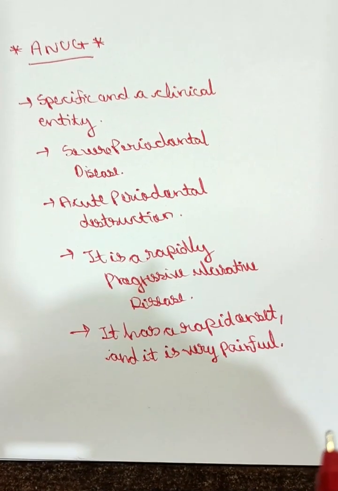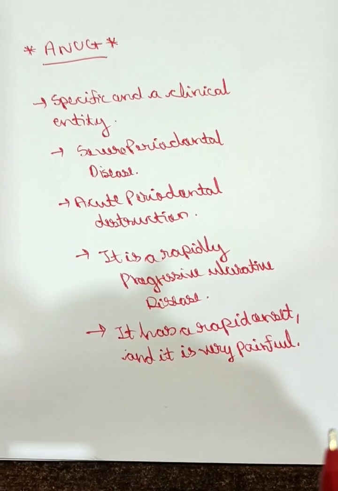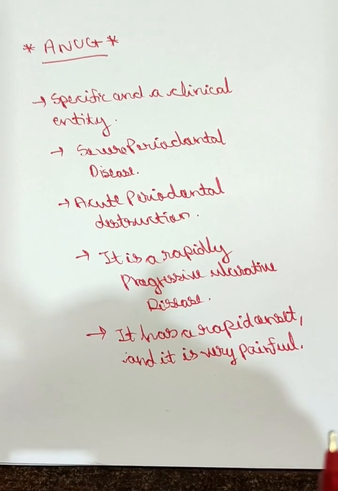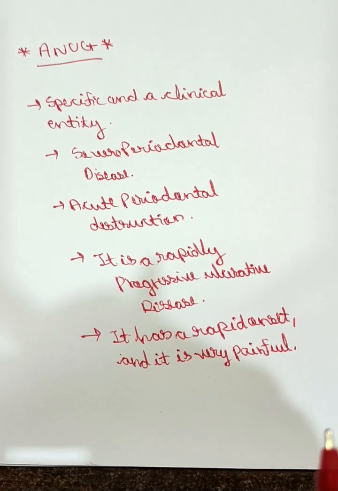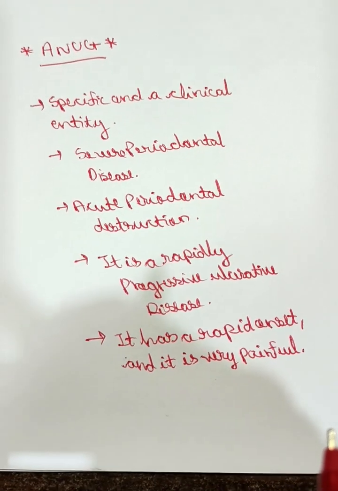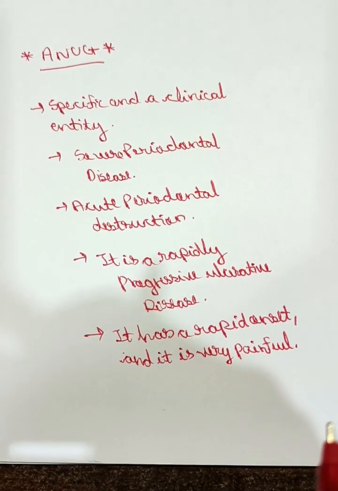Also, we can add one more, that it basically starts at the tip of the interdental papilla and then it commences and also includes the marginal gingiva, the attached gingiva, and sometimes it may also involve the bone.